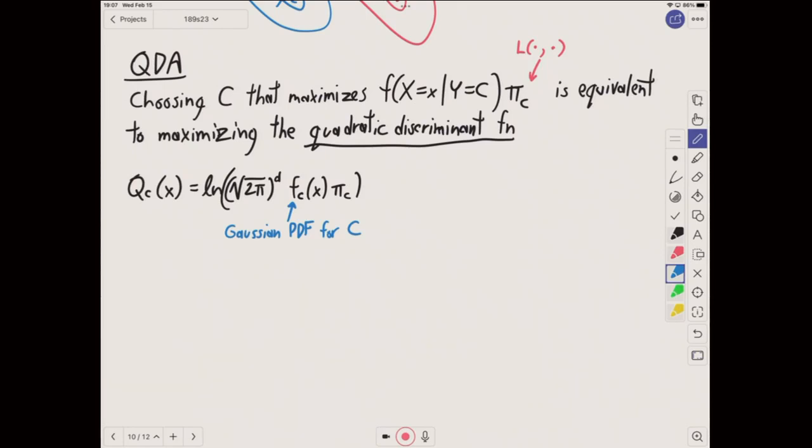And when we substitute that in there, we're going to get something a little different than we got last Wednesday, because the quadratic term has changed.